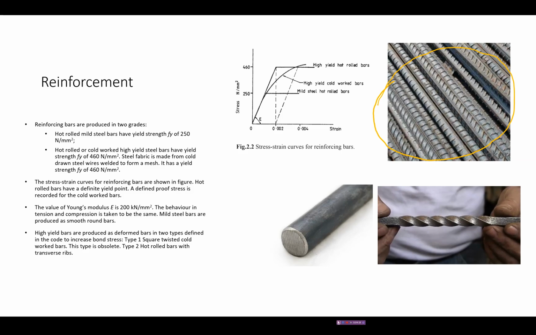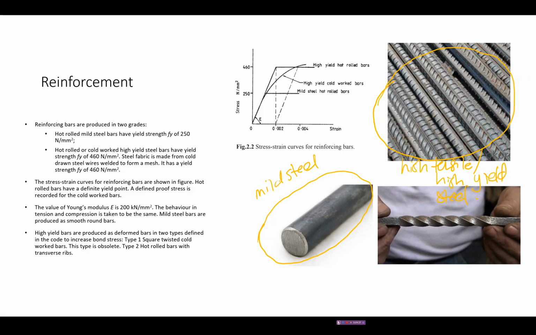Okay, ini biasa kita nampak kat side, ataupun like this one which is smooth, ini adalah mild steel. Okay, ini adalah high tensile or high yield steel.